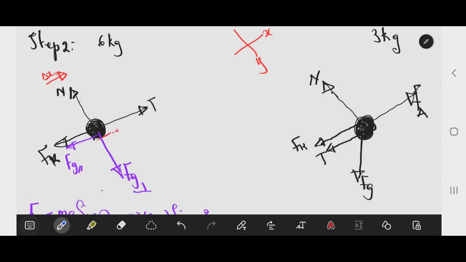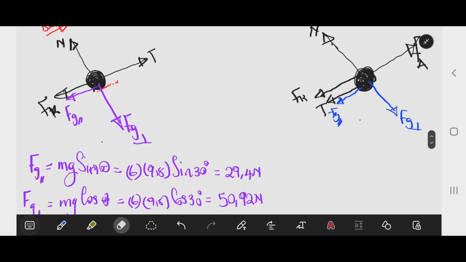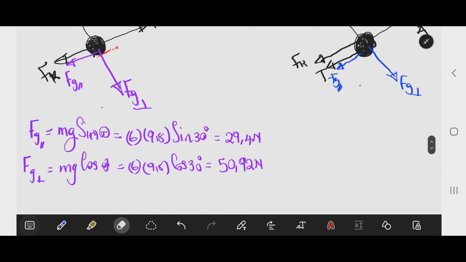So when I resolve Fg, I will have Fg perpendicular and Fg parallel. Then I will erase the Fg because I've represented Fg in terms of components. Let me perform these small calculations for resolving.